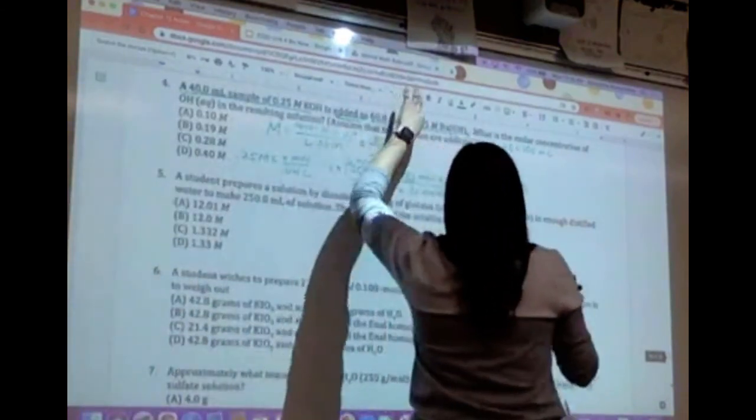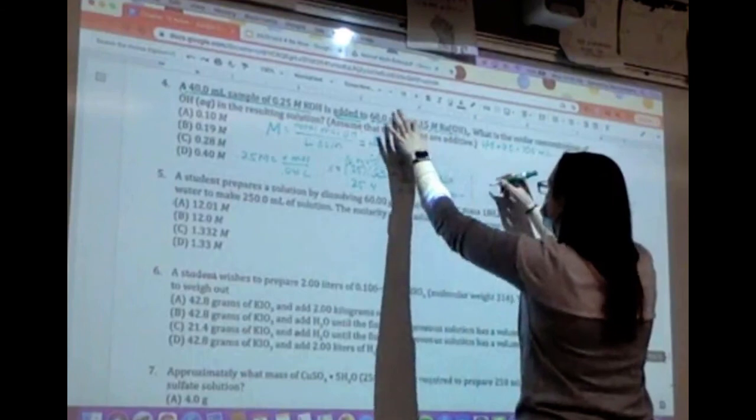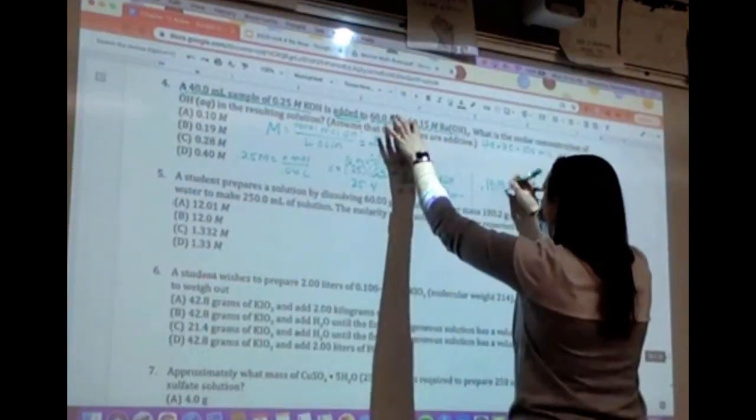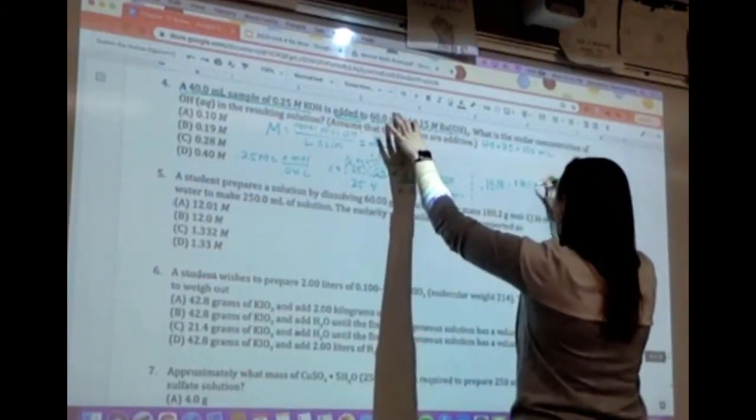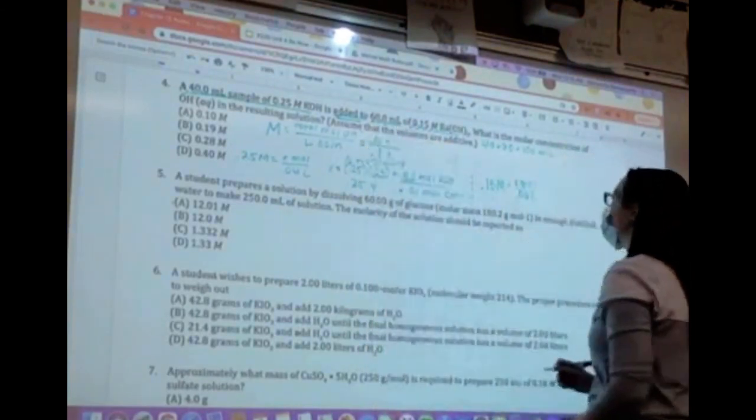Now let's look at barium hydroxide. 0.15 molar is X moles of barium hydroxide over 0.06 liters.